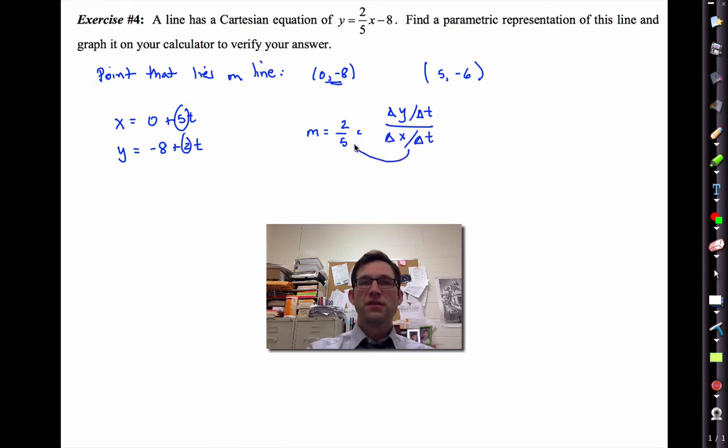So I use the delta x divided by delta t as my 5, delta y divided by delta t is 2. All right. In terms of verifying it or graphing it on the equation, that's pretty much easy enough, okay?